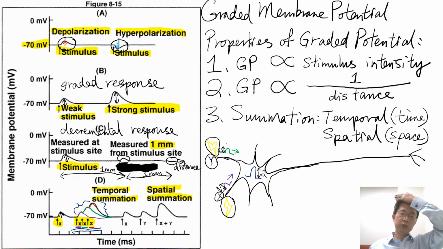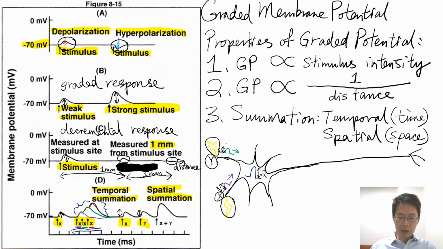The summation depends on the location. That's why the stimulus here stimulates dendrite X, and the stimulus here stimulates dendrite Y, but they are of the same intensity, because you can see that the amplitudes of the graded potentials are the same height.